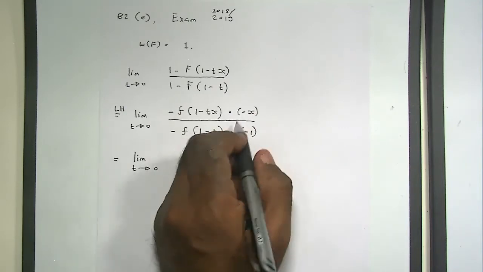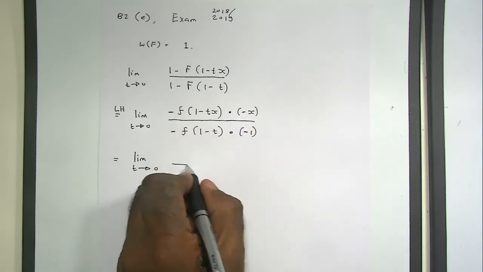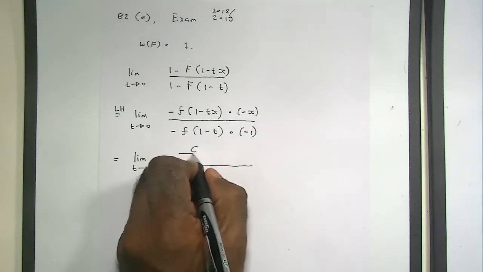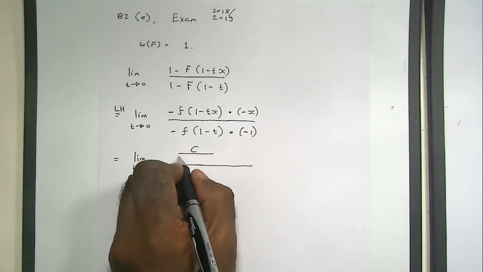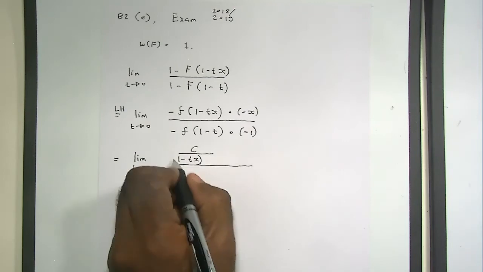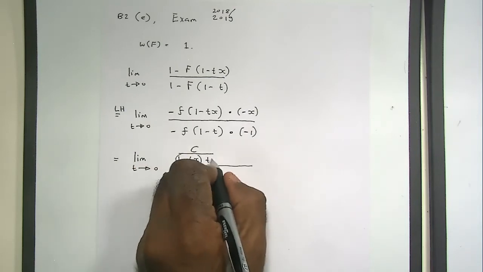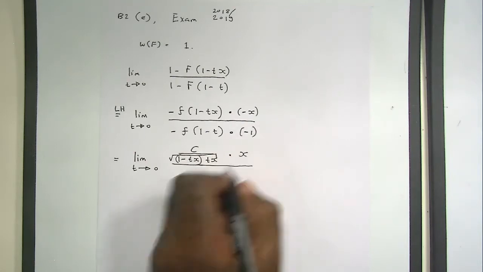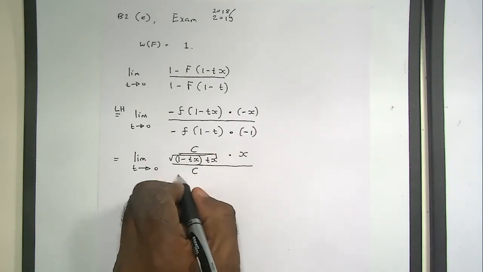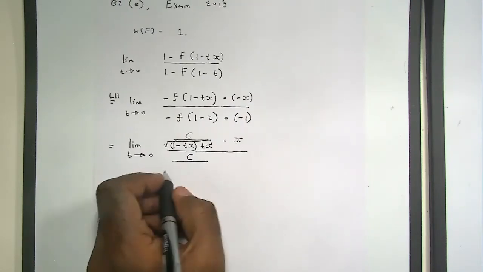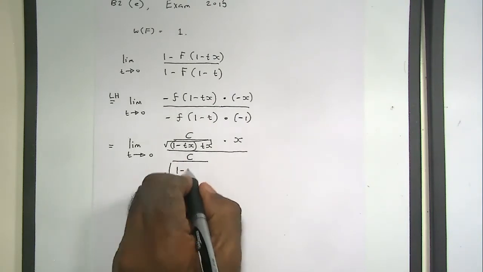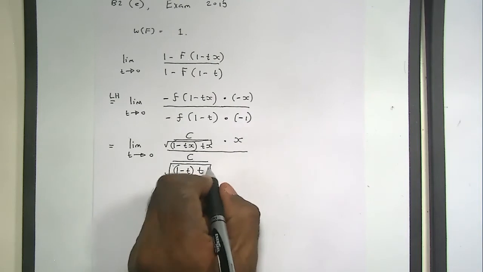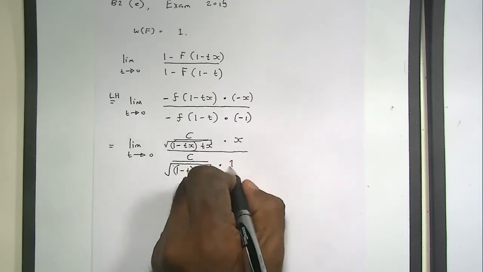The minus cancels. Now in the top we're going to have c divided by the square root of x, which is 1 minus tx, then tx, times x, and in the bottom you're going to have c divided by 1 minus t, times 1, right?